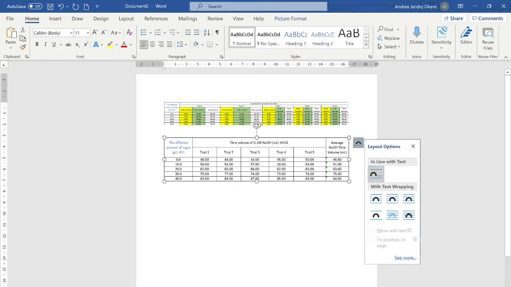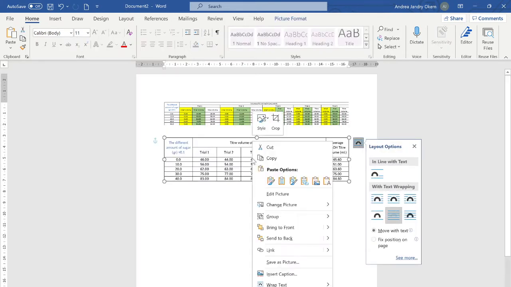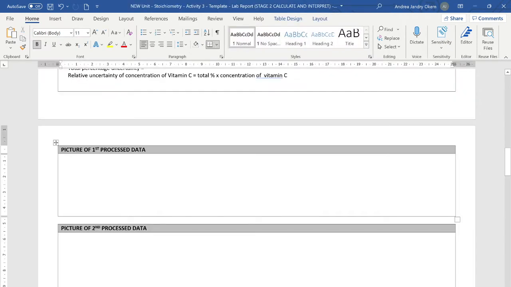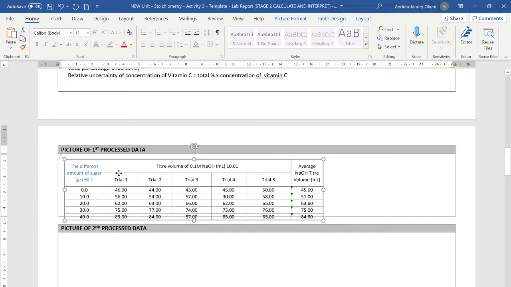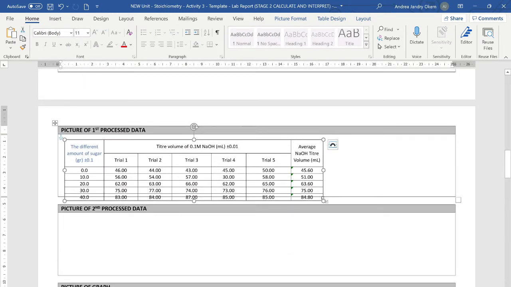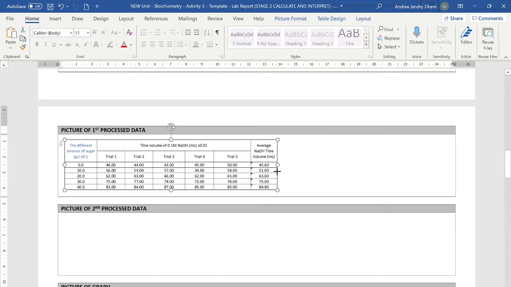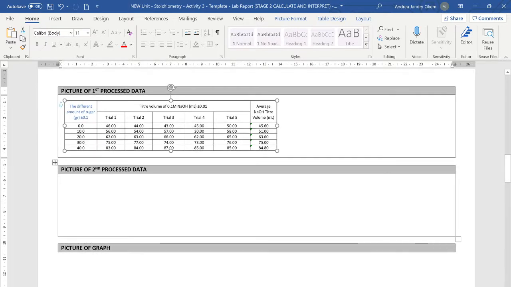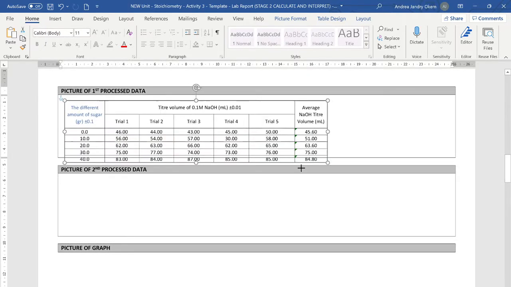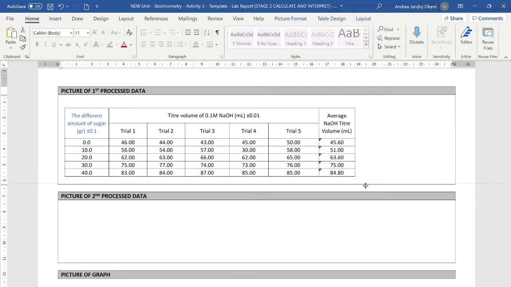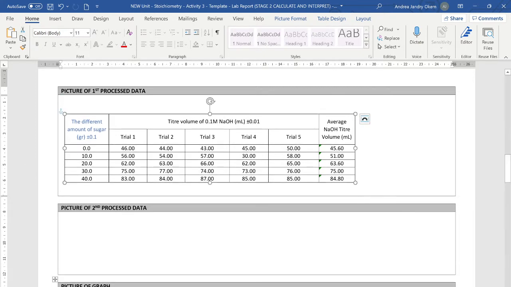Don't forget you need to make it behind the text, copy, and then insert it in this part. Now, if the table is a little bit bigger, you can make it small like this, or you can make the columns bigger like this.